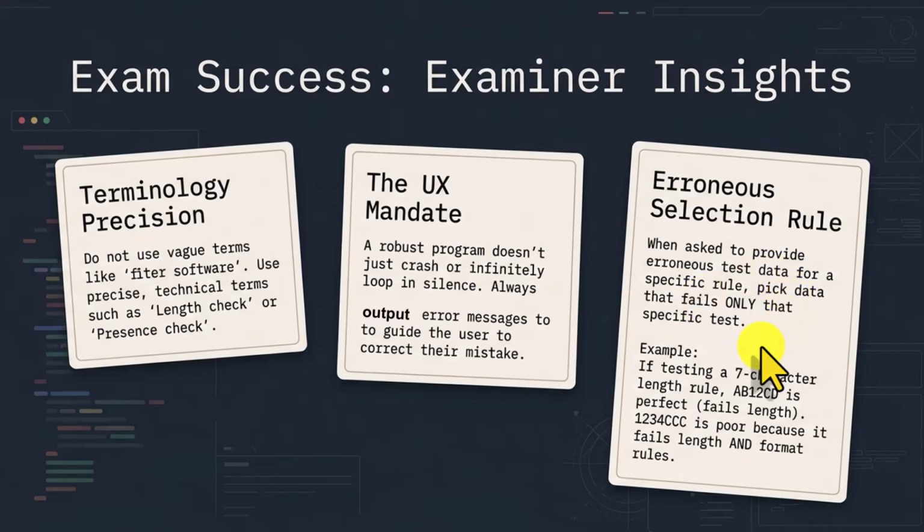For example, if testing a 7 character length rule, AB12CD is perfect. This only fails length, but 1234CCC is poor because it fails length and format rules. So it fails both of them, and that is not correct. This is just an example. Remove 1C, because this will not fail the length rule. So that is it.